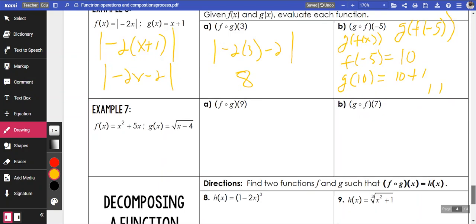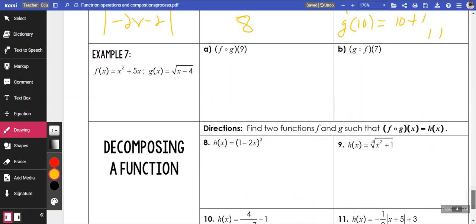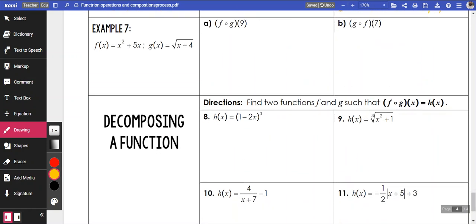Now another complicated thing is what's called decomposition. Actually, you should pause the video, work on example number 7, and I'll see you back here in a second. So for decomposing a function, check it out. I gave you this function, h of x equals 1 minus 2x quantity cubed, and I need you to come up with two functions, f of g of x, that works.